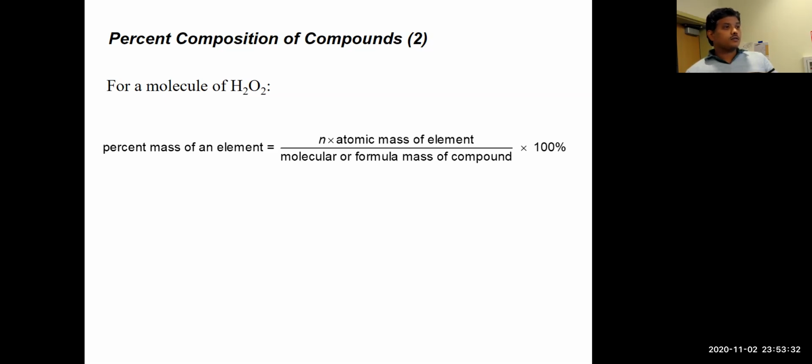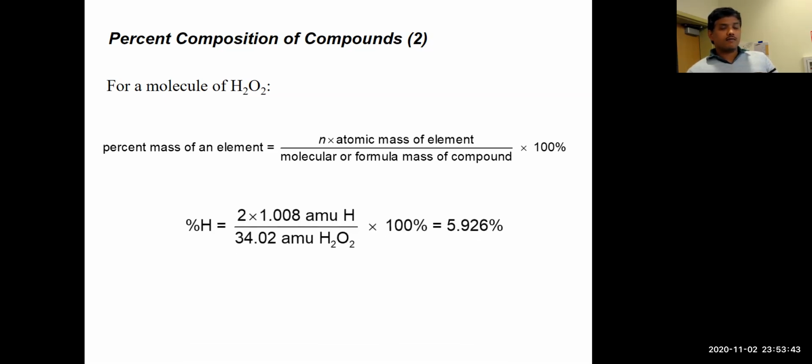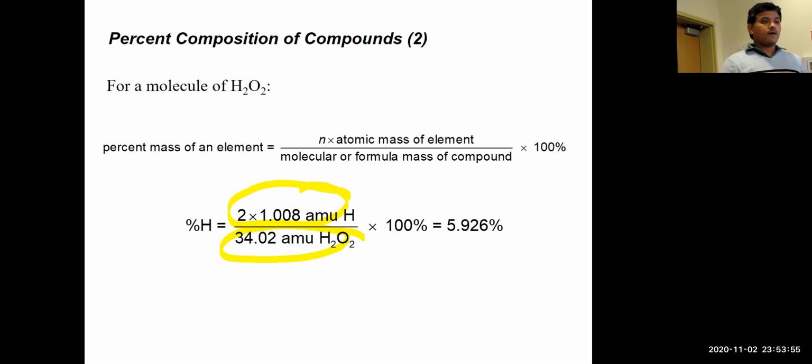There are two hydrogens, and the whole molecular mass happens to be 34.02 atomic mass units. So 2 times the hydrogen atomic mass over the molecular mass of H2O2. If you calculate the percent of hydrogen, only 5.9% of the mass is from hydrogens.